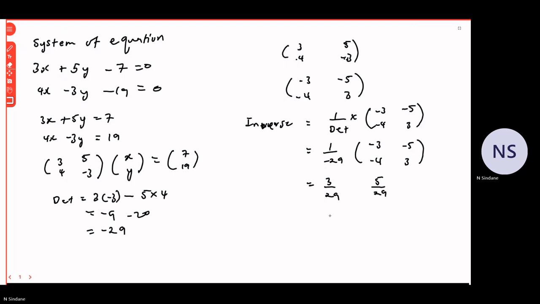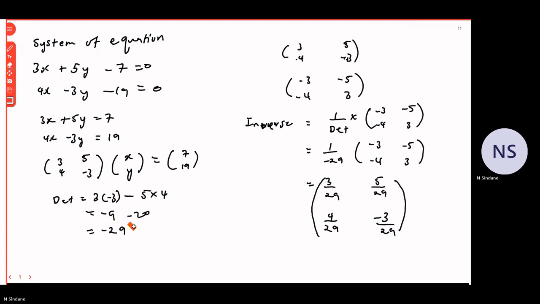Multiplied by negative 4 is positive 4 over 29. Lastly, multiplied by 3 is negative 3 over 29. That is my inverse.